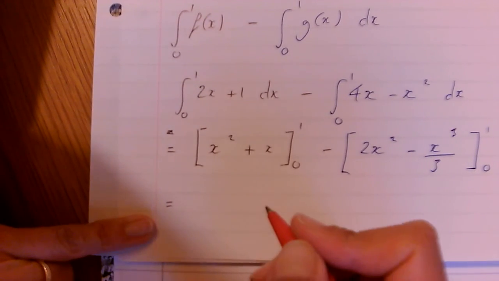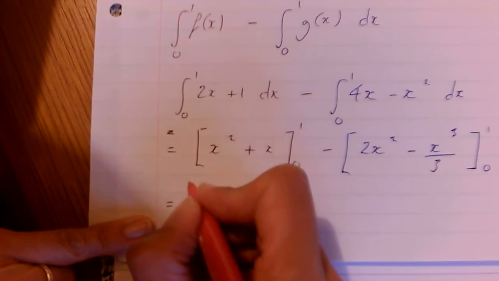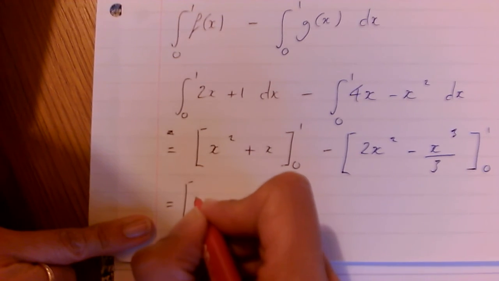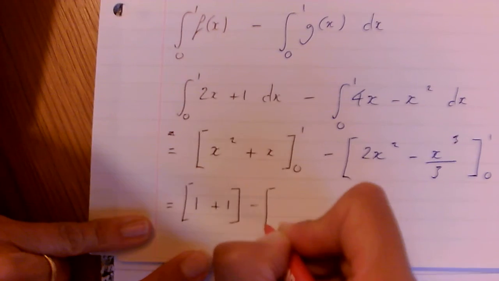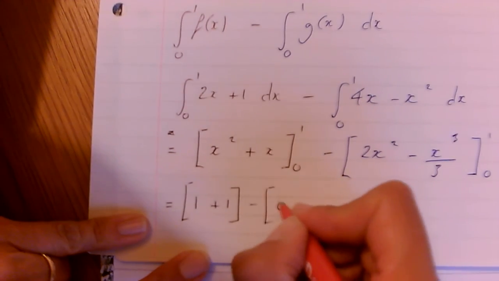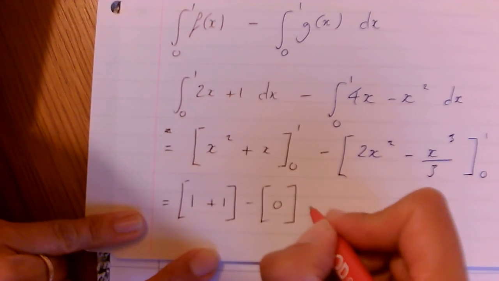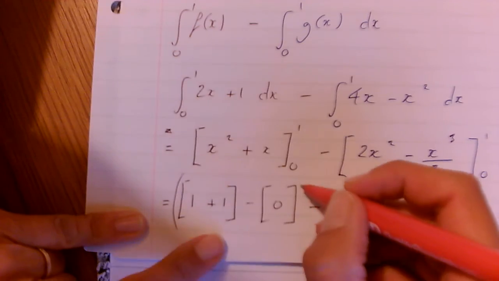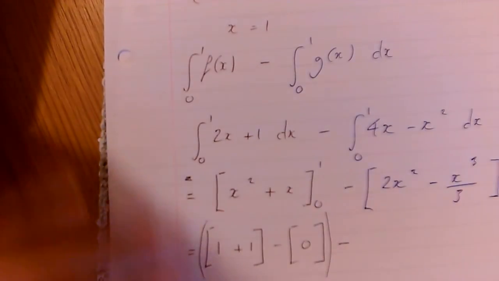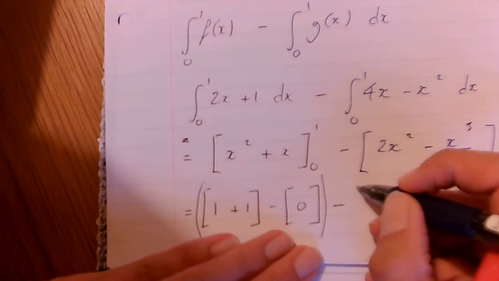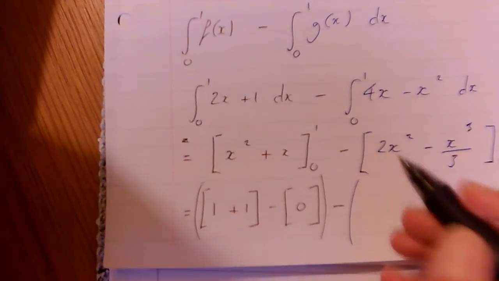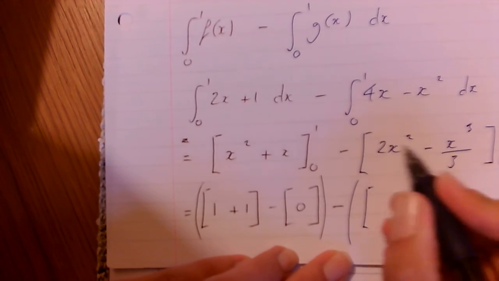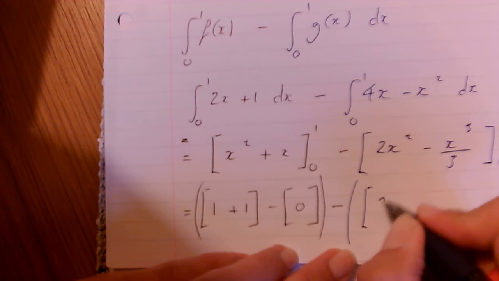And sticking the values in, then putting 1 in will give us 1 squared, which of course is just 1 plus another 1. Taken away, sticking 0 in will just give us 0 anyway, so I'm not worried about that. Take away, right, I'm just going to put a big round bracket around those ones. And then again, putting 1 in here will give me 2 times 1, so obviously just 2.